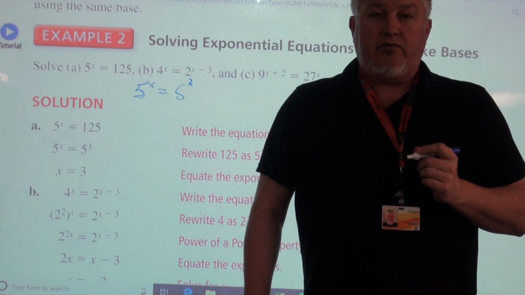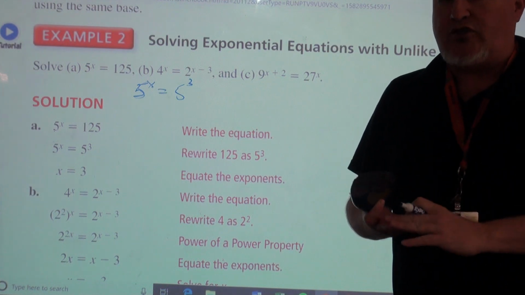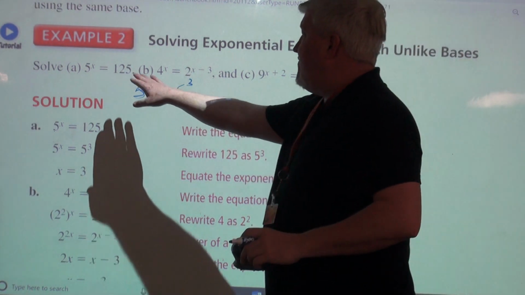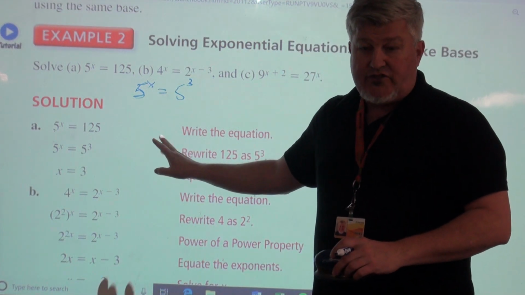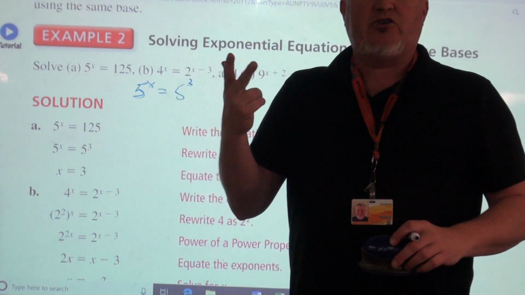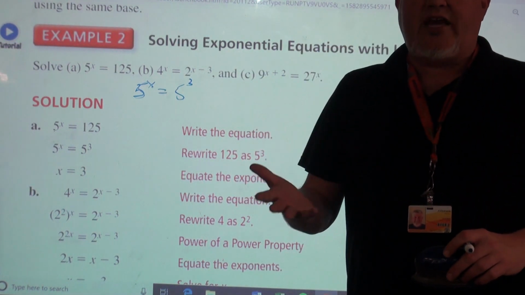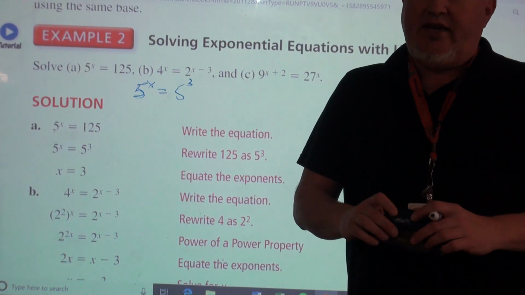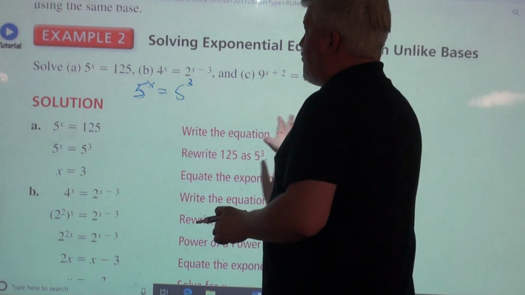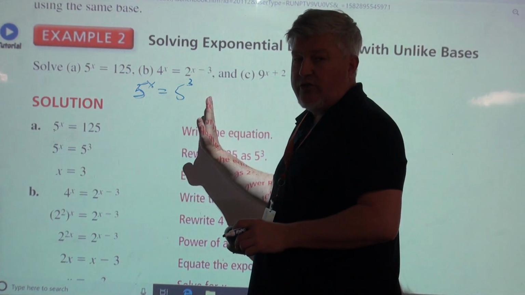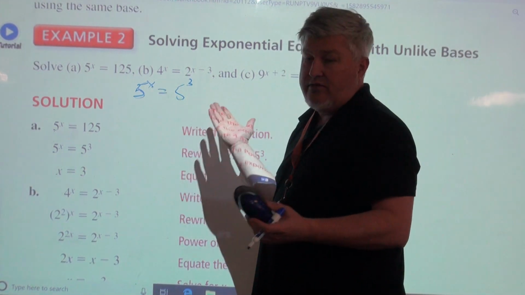We've done this with our exponents. 5 times 5 is 25, times 5 is 125. This is where you knowing and being able to recognize common squares, cubes, etc. will help you solve these things, okay? And you'll have to use your calculator sometimes to help figure it out as well. So when you rewrite it this way, we have 5 to the x equals 5 to the third. We now have like bases. Very easily we can see that x equals 3. And you're done.